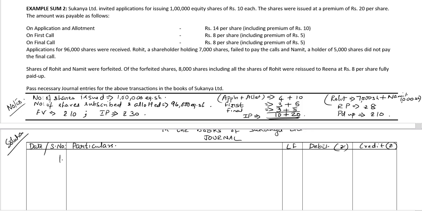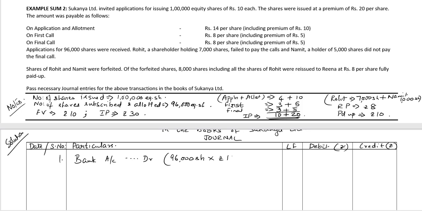The first entry is for receipt of application and allotment money. Bank account debit. Amount received: 96,000 shares multiplied by rupees 14 per share. To equity share application and allotment account.